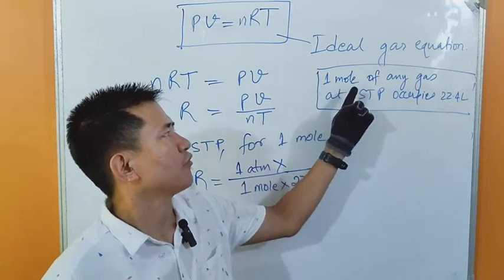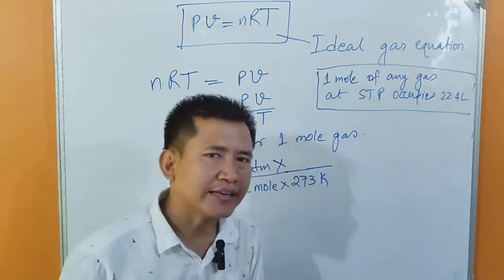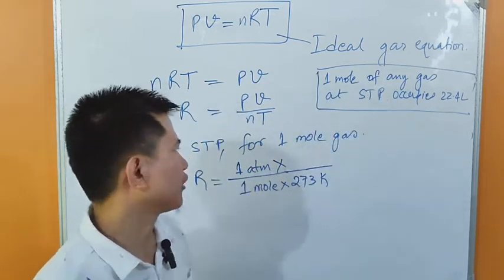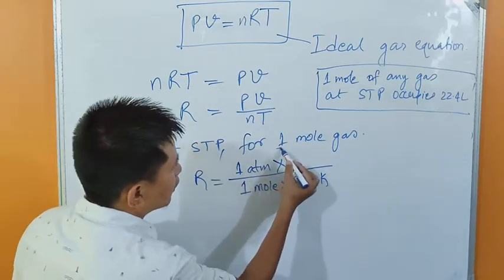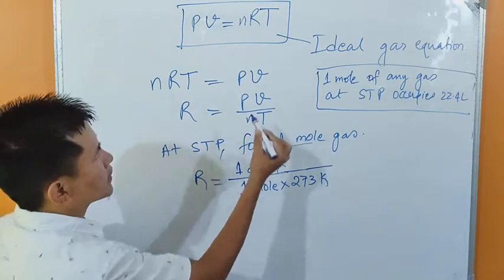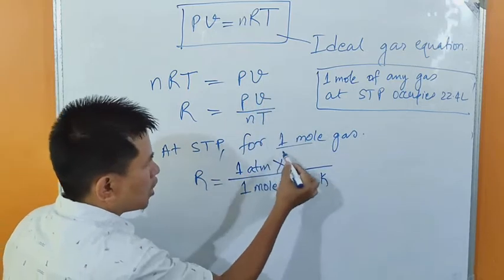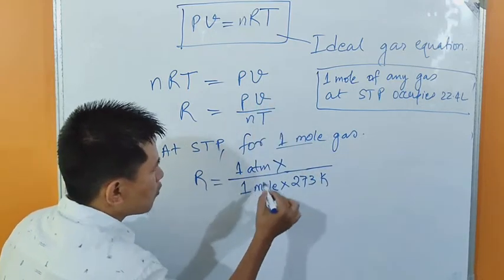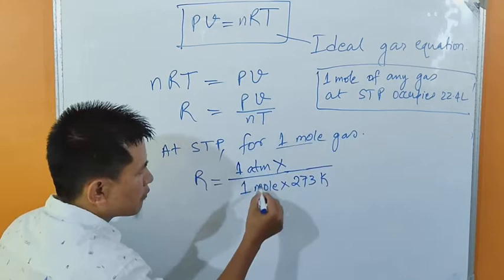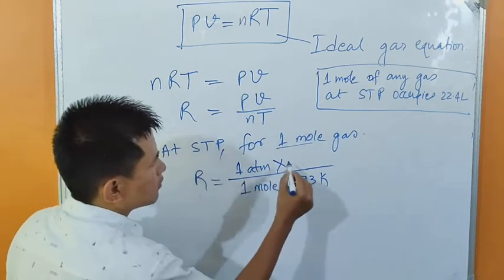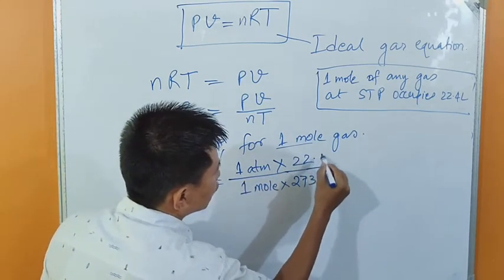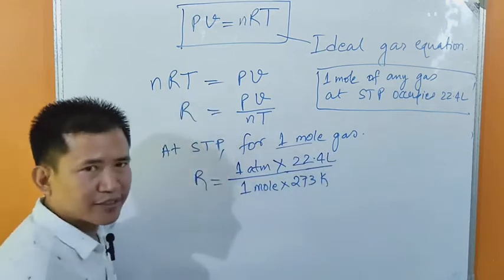So molar volume of any gas at STP is 22.4 liter. We have taken 1 mole of gas, that means the volume of 1 mole of gas at STP is 22.4 liter. I hope you got this.